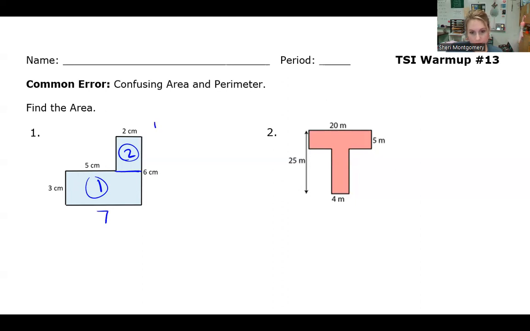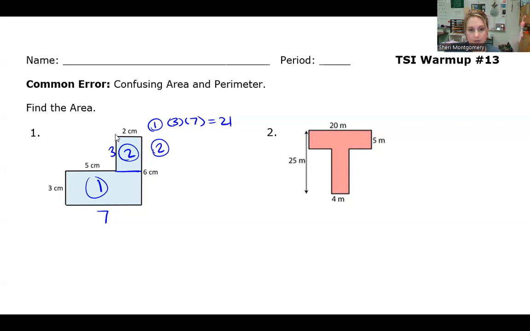So for my first piece, I have an area of 3 times 7. So it's 21. For my second part, I have one side that's 2, and then the other side, I can figure that out though, because if this whole thing is 6 and this part is 3, then that means this part needs to be 3 as well.